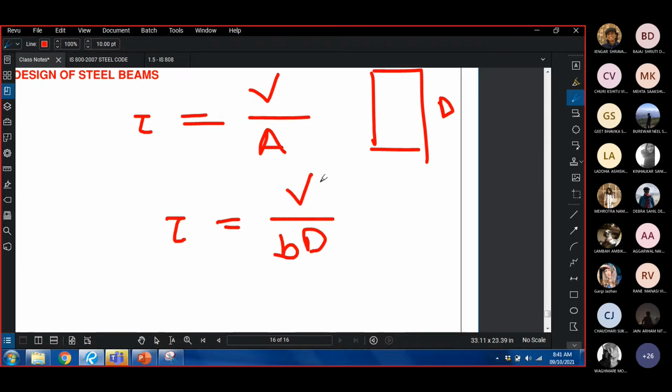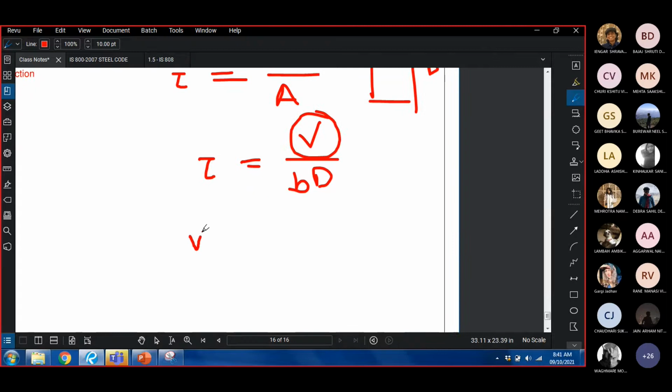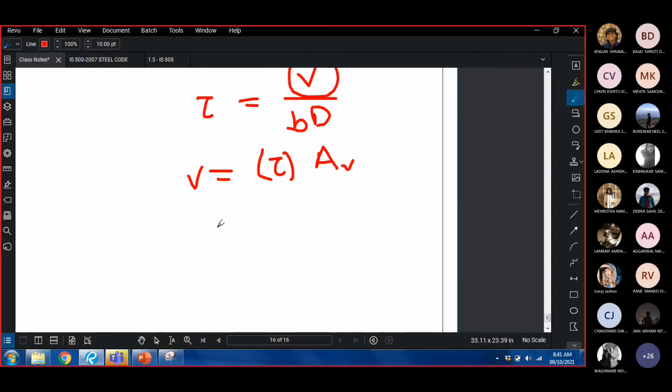So this is shear stress, this is shear force, and this is the area of the section that resists shear. What we want to find out is V here. We want to find out how much V it can resist. So V is equal to the shear stress times the shear area. Now what is the shear stress in this particular case? The shear stress is Fy upon square root of 3.